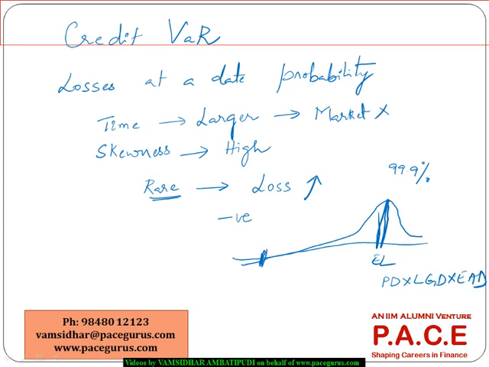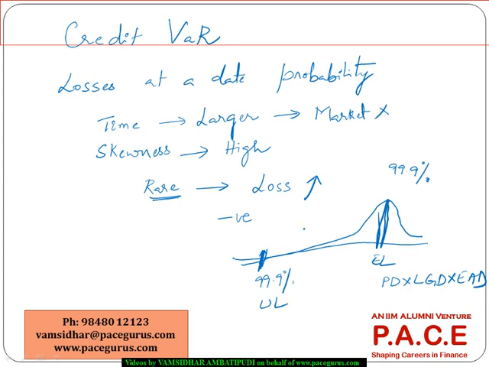Then we are talking about this 99.9 percentile part, which is called the unexpected loss, which is the cutoff point beyond which the chance of the loss occurring is just 0.1%.